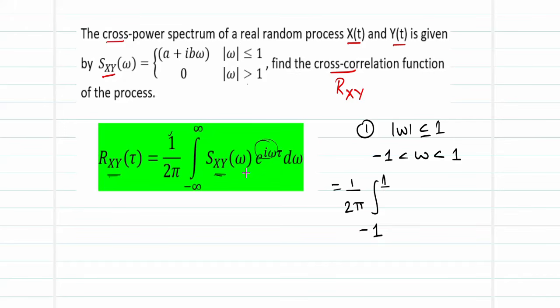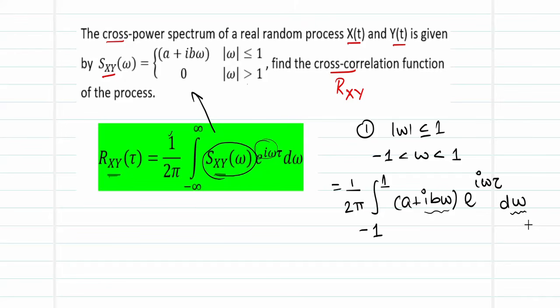What is going to be the input? Sxy, which has been given to us in the question as a plus ib omega. You have e power i omega tau in your formula for Fourier, and this is integrated with respect to d omega. Since this is a function of omega, we integrate it with respect to omega. This is going to be my first point.